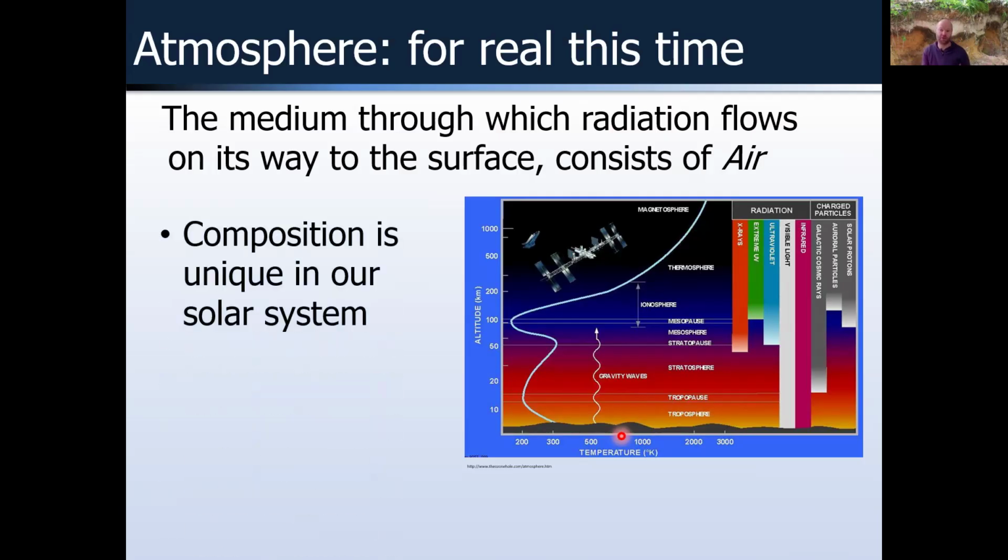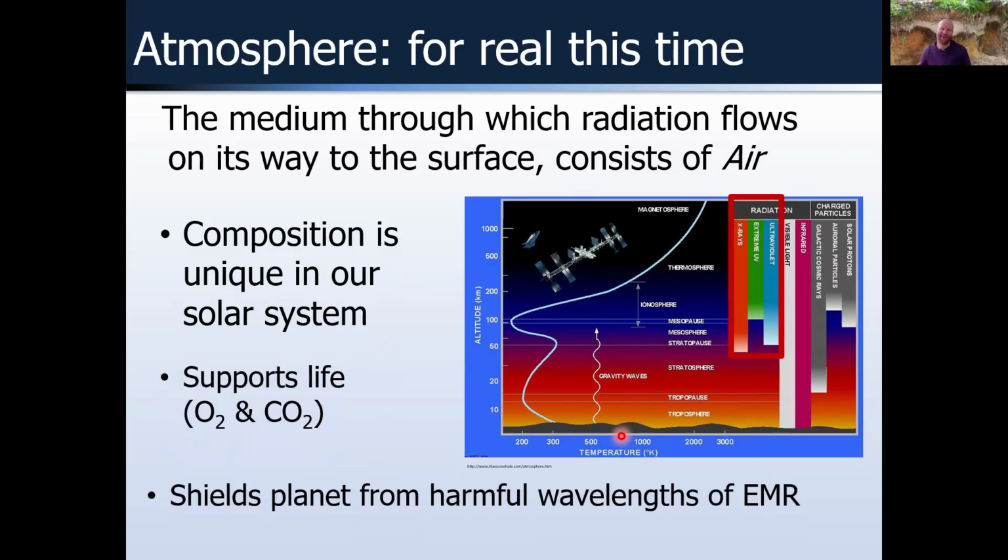The composition of our air, our atmosphere, is in fact unique within our solar system and beyond. Major components of this unique composition include both oxygen, which we're breathing, as well as carbon dioxide, essential to all life on Earth, as all of the plants require CO2 to facilitate photosynthesis.